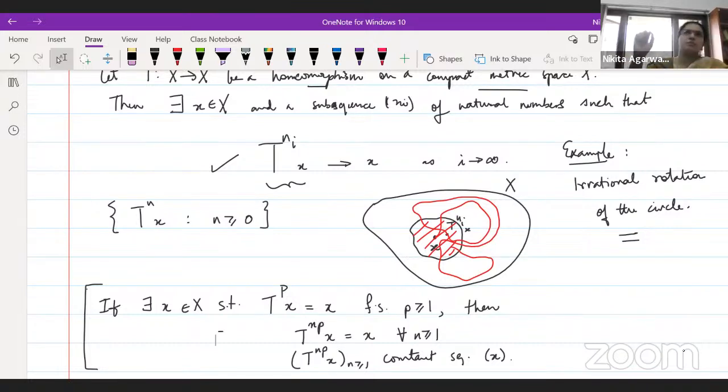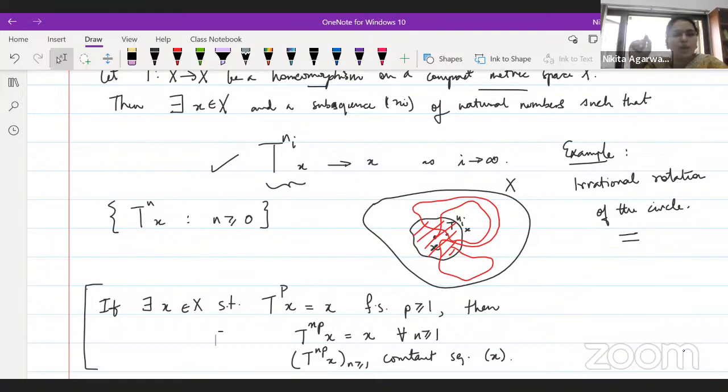So not every homeomorphism is a rotation, but there is a close link between homeomorphisms on the circle and rotation maps. It will become too technical if I state it here, but towards the end of the lecture, I'm going to give you a reference which precisely talks about this connection.